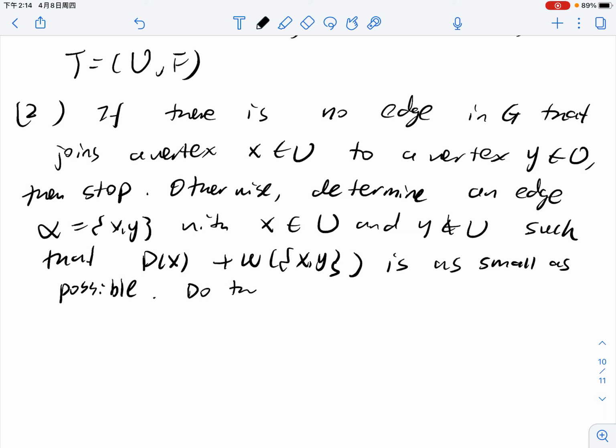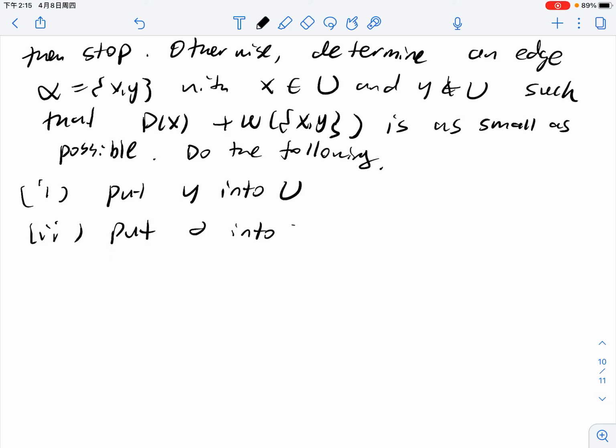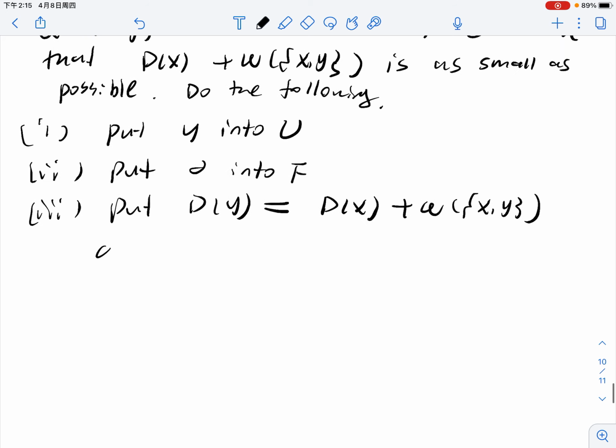And then do the following. First, put y into U, put alpha into F, set d_y equal to d_x plus omega_xy, and go back to step 2.